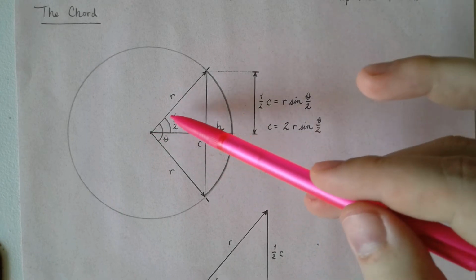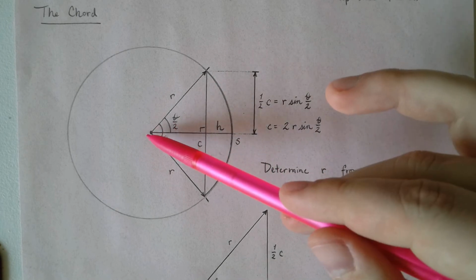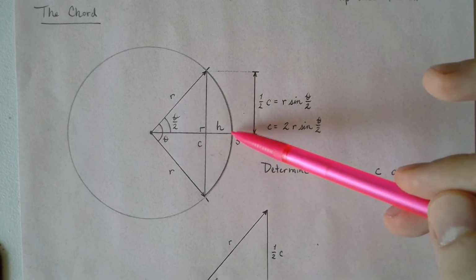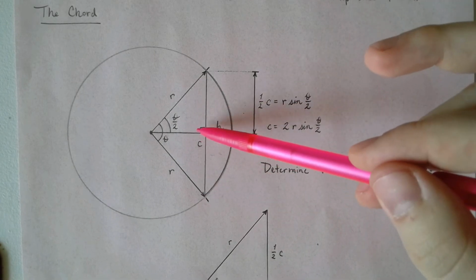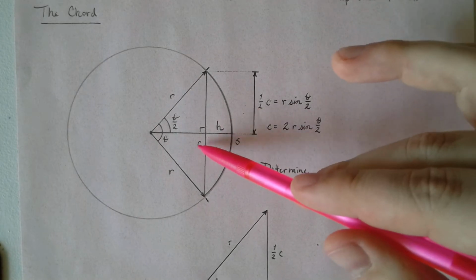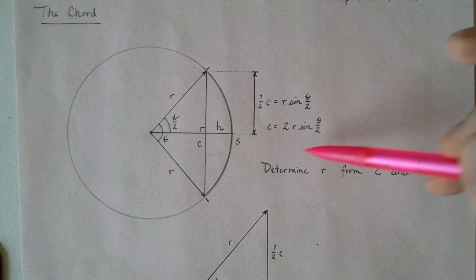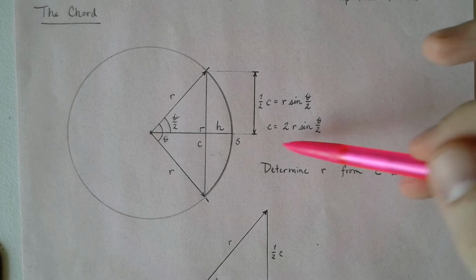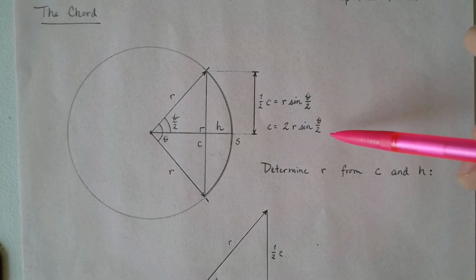Here I've simply bisected the full angle theta with the radius r down the middle, through the middle of the chord, to make a right triangle that we'll use as a means of determining the radius of curvature from the chord and the height. This should hopefully show you the equation for finding the chord itself. If you're ever interested in finding what the chord is, this is how it's given inside a circle.